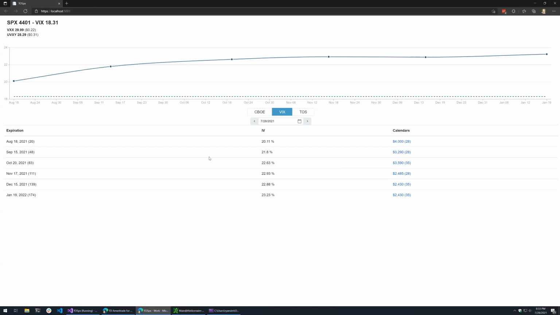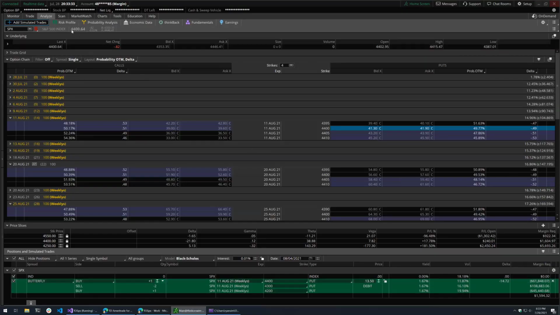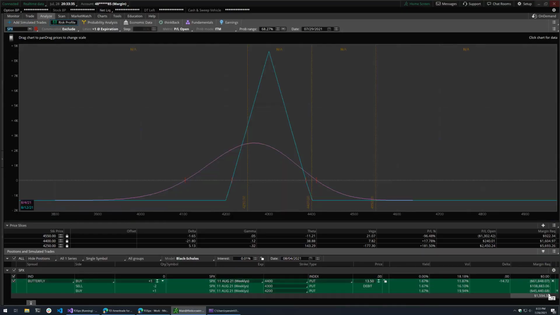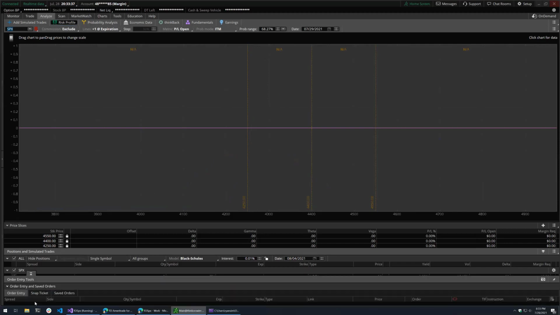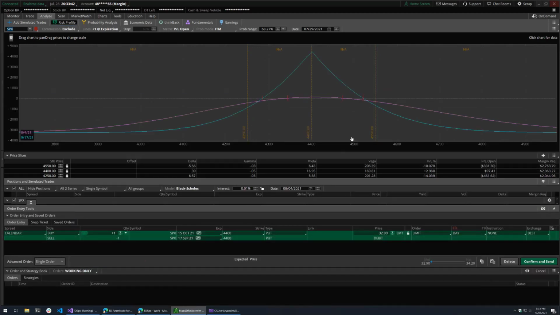So let's jump to this one here, and I can copy this trade, go to the risk profile, paste it in, and analyze this. Okay, so here's a calendar. These dates are a little different than what we're looking at in Thinkback, but it's just to prove a point here: if the volatility changes, and I guess we were trading something at 42.50.